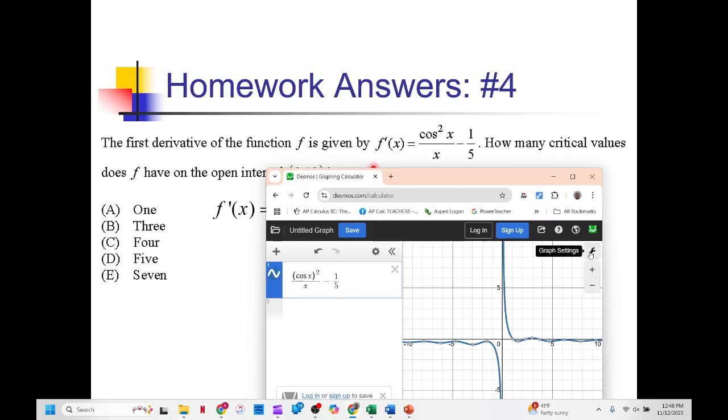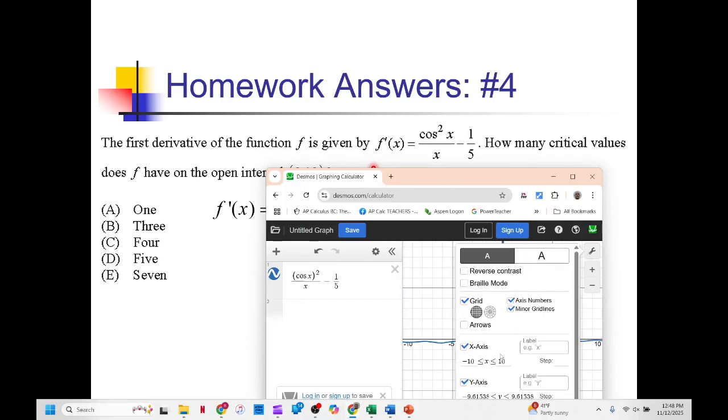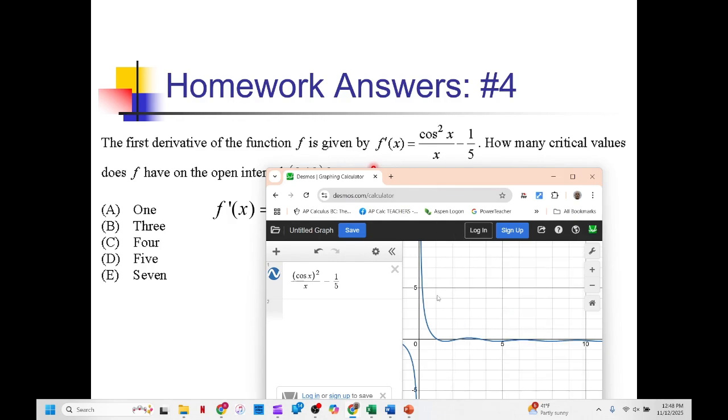So let me just go to my wrench here and change my interval a little bit. Let me make the x-axis go from, say, -1 to 11. I'll just go a little further than I need to. And let's look at the graph. Now, there's a few places we're definitely crossing, but it's kind of hard to tell. You can click on the function and then click on the little gray dots where it's crossing and see the exact places.